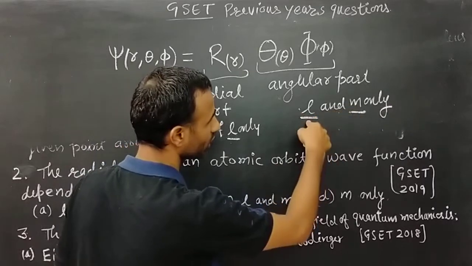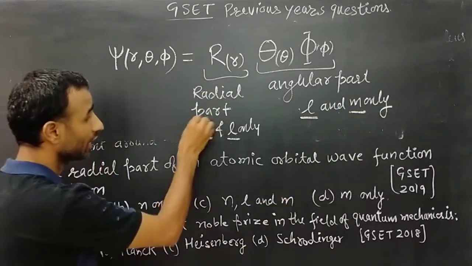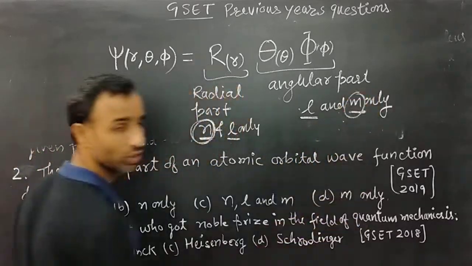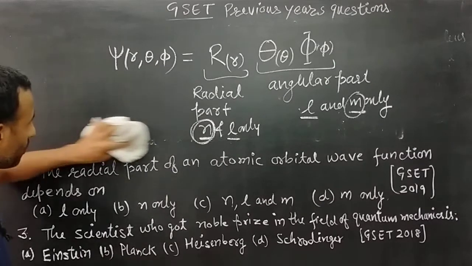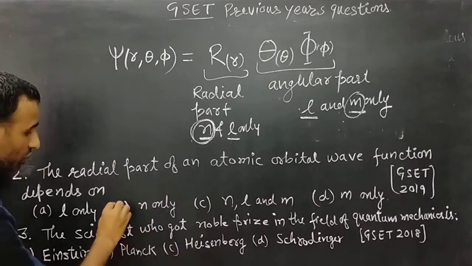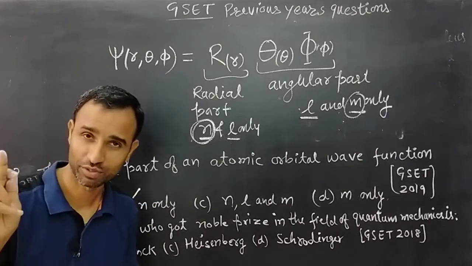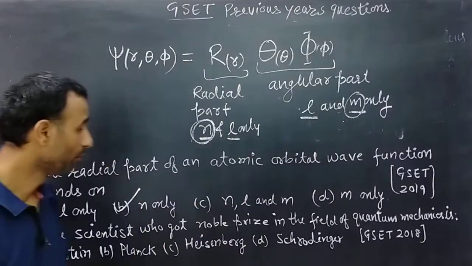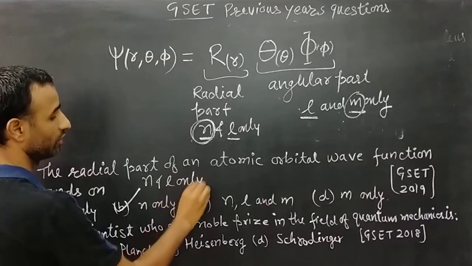That means here n is unique. In this case, m is unique, right? So it is not exactly true, but it is nearly true that n only is not the right option. Keep in mind, though it is asked in GSET 2019, it should be n and l only.